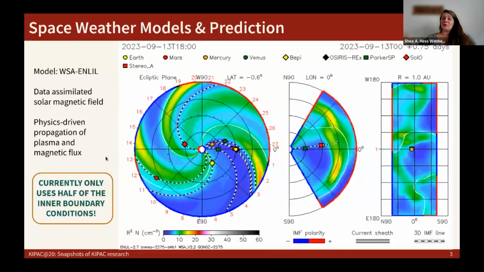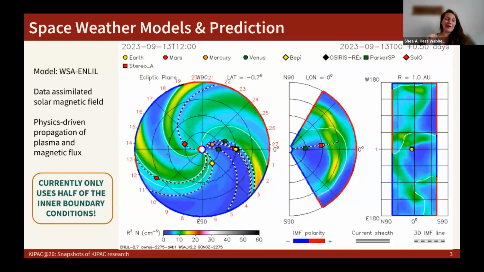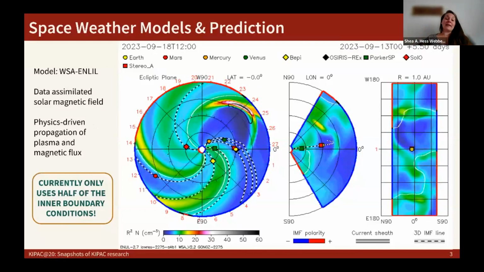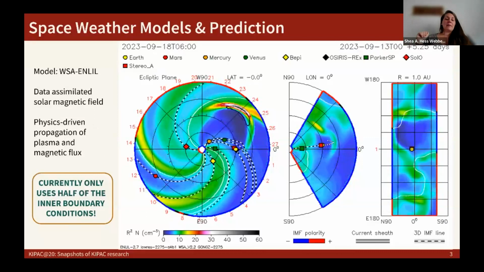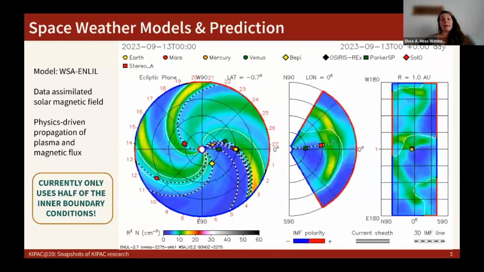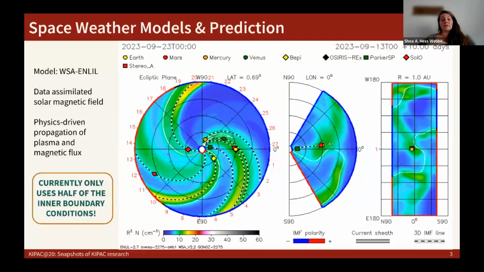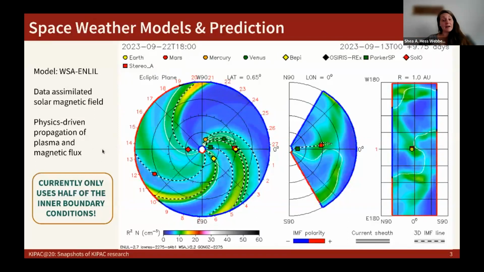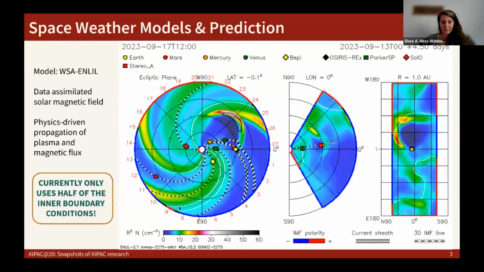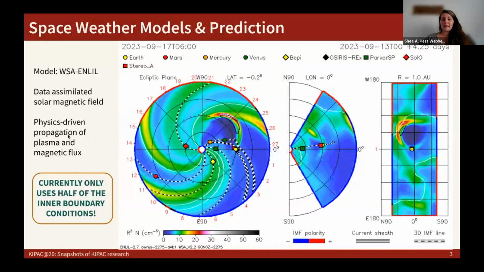I don't know if you'll realize this, but we can only see half of the sun at a time. So there's been lots of research, which I'm not going to go into here, about how you really need the global magnetic field in order to make reasonable estimates and especially near real-time estimates of what the space environment conditions are.